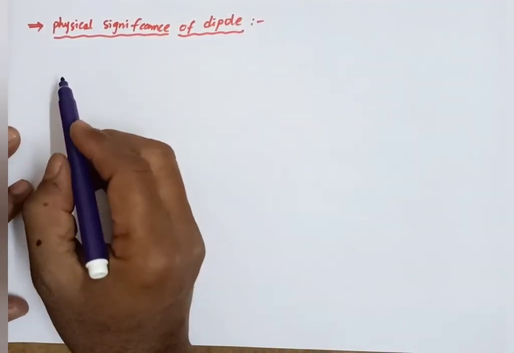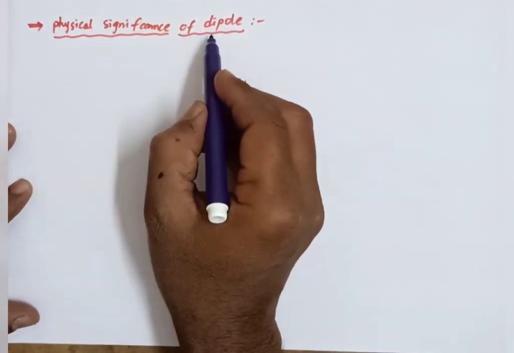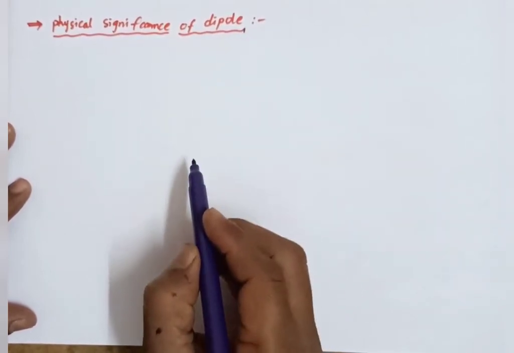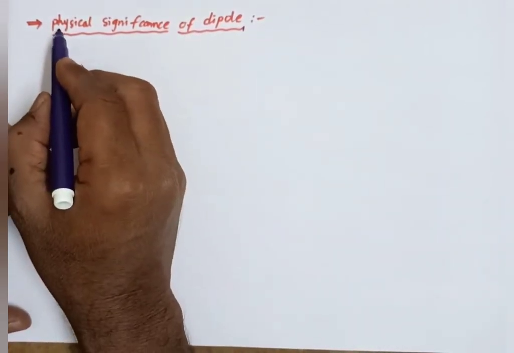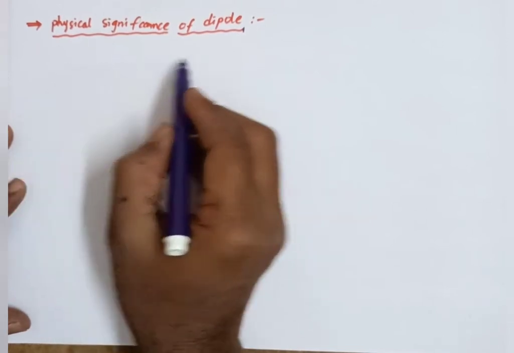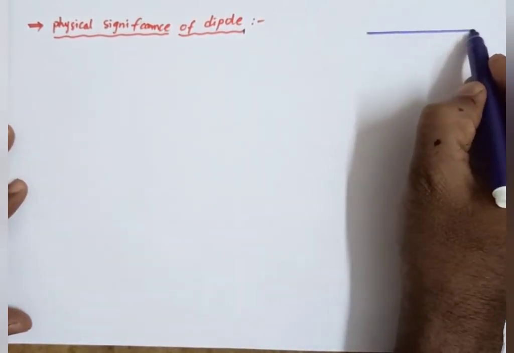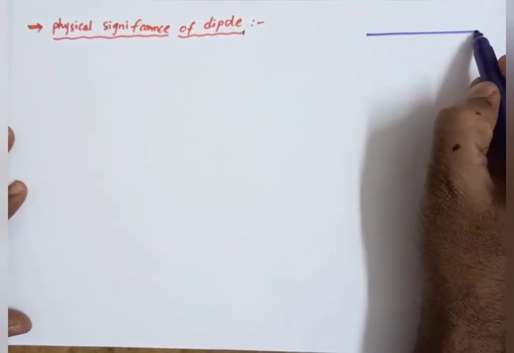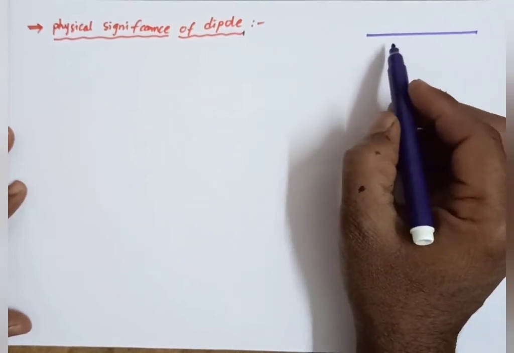So our next topic is the physical significance of the electric dipole. So we know that a dipole is nothing but two equal and opposite charges placed at a distance.